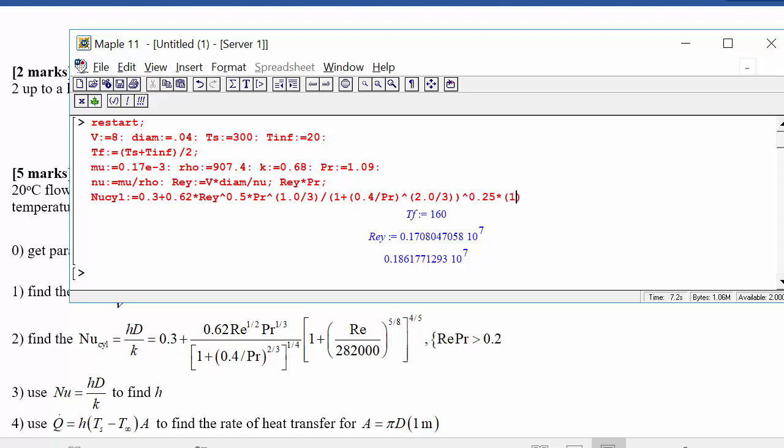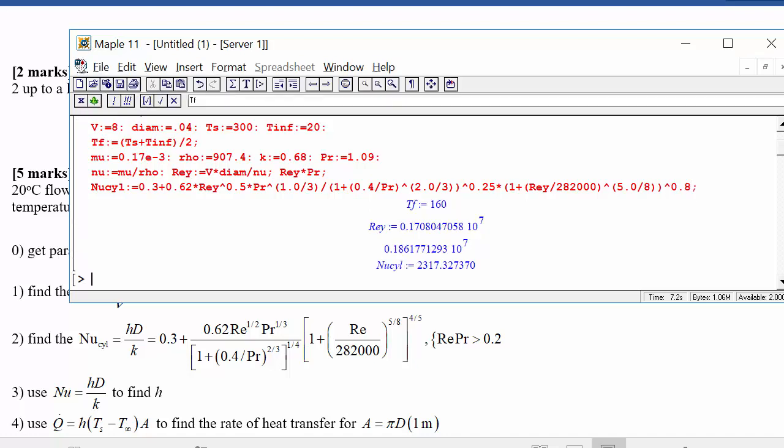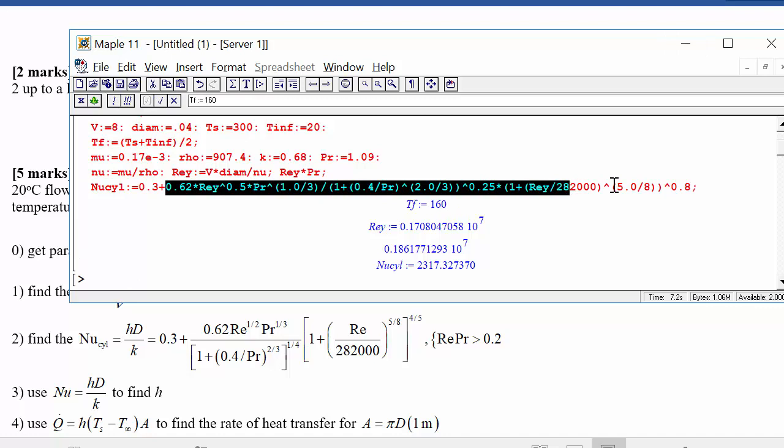Then that whole thing is multiplied by 1 plus the Reynolds number divided by 282,000, and that's to the power of 5/8, to the power of 0.8. Okay, so that should be the Nusselt number if we haven't made any mistakes in typing out that formula, or in your case entering that formula into the calculator, also a source of error.